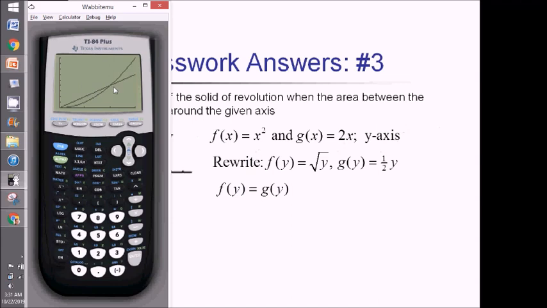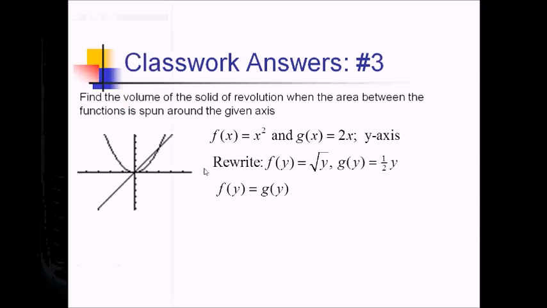It kind of looks like 4, but just to be on the safe side, I'm going to do second trace, intersect, option 5, move my spider over there, enter, enter, enter, and yes, indeed, we have a y value of 4 right there. So these two functions of y equal each other at 0 and 4, so those are going to be our limits of integration in a moment.